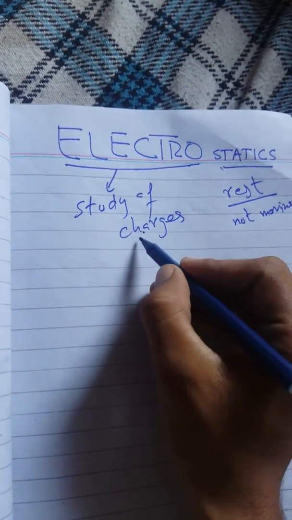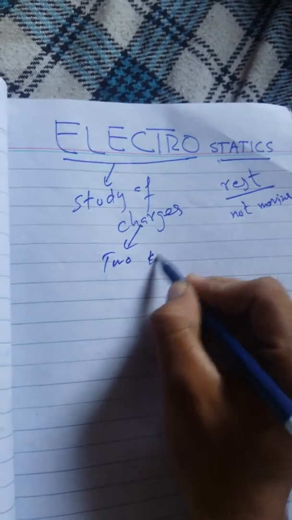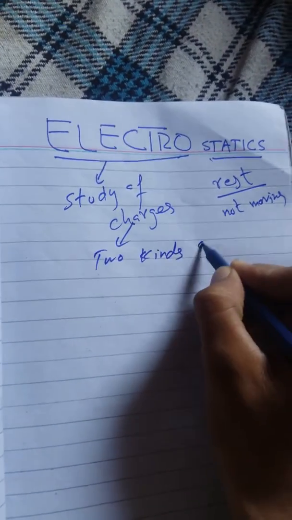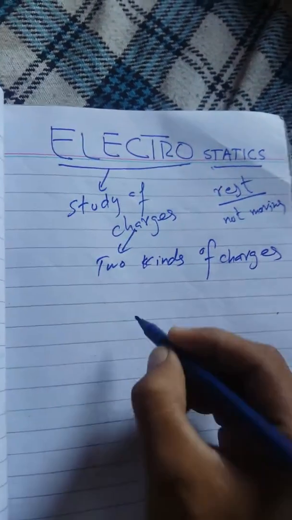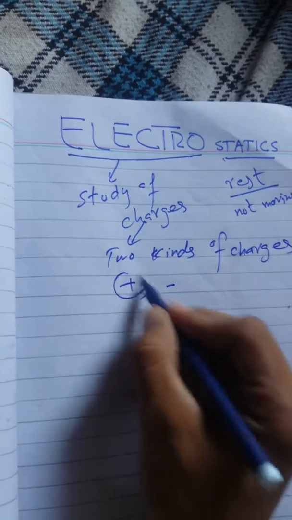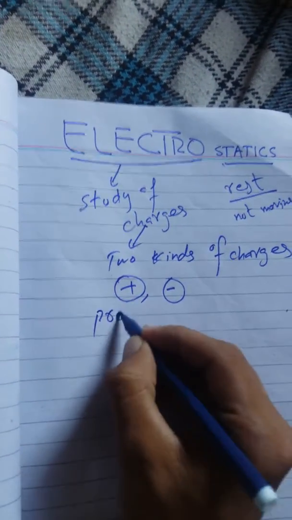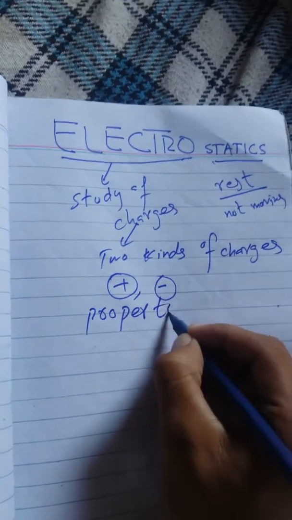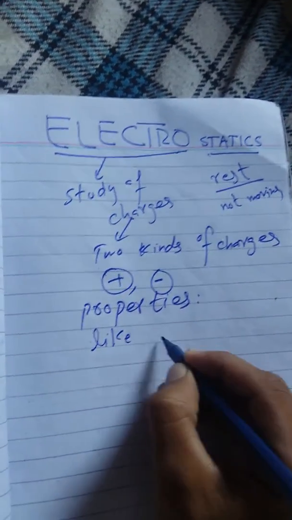So the question arises, what are charges? There are two kinds of charges, positive and negative. As for the properties of charges, like charges repel each other.